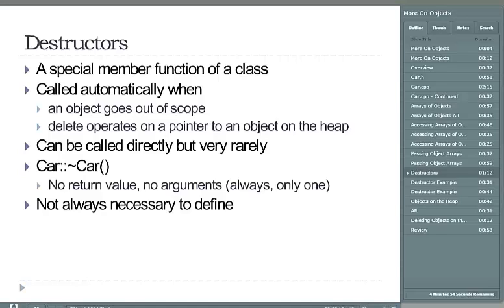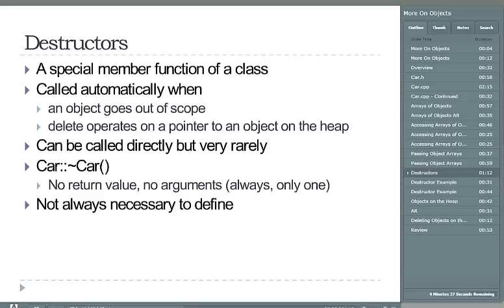And now let's look at the next topic in the section, and that's destructors. You can think of a destructor as the opposite of a constructor. It's a special member function of a class. In contrast to constructors, which get called when you first declare an object, the destructor gets called when an object goes out of scope or when delete is called on a pointer to an object.